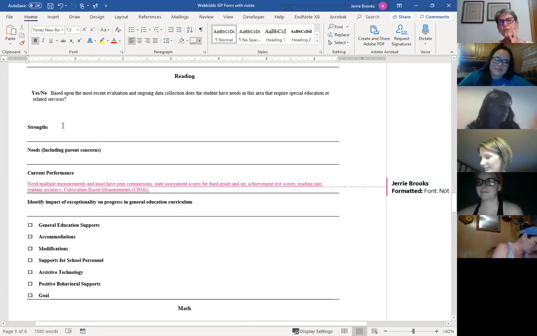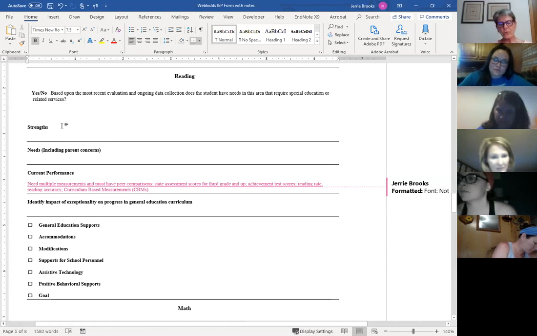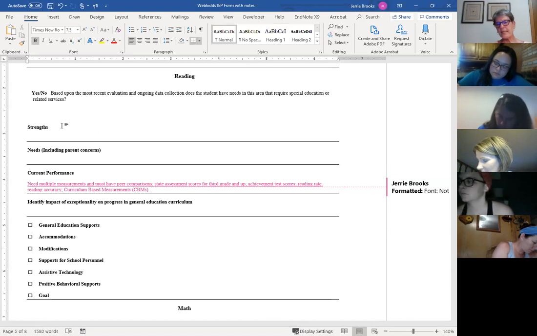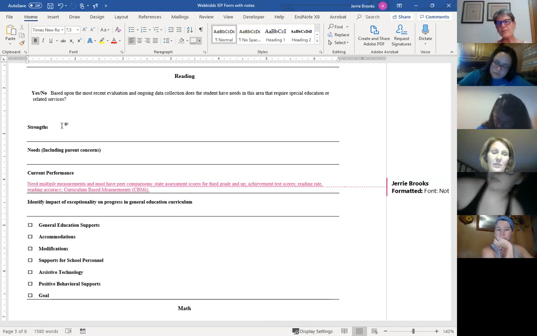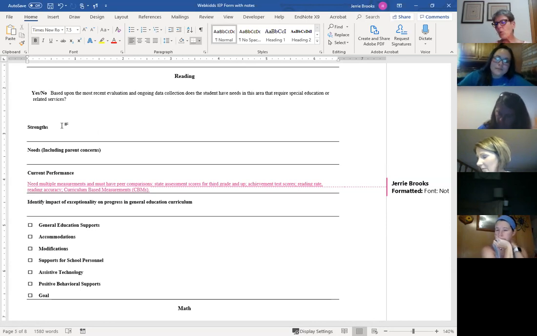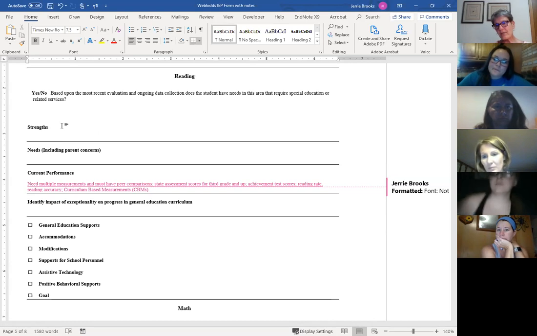Okay, so what are their strengths? And when you think about a kiddo, you're going to look at their assessment that they took. Like maybe it's the Woodcock reading test or it's a curriculum-based measurement for reading rate or whatever. You're going to look at that and say it's a 7th grader, and in most of those subtest scores, maybe he scored at the 4th grade level, but one of them he scored at the 5th grade level.